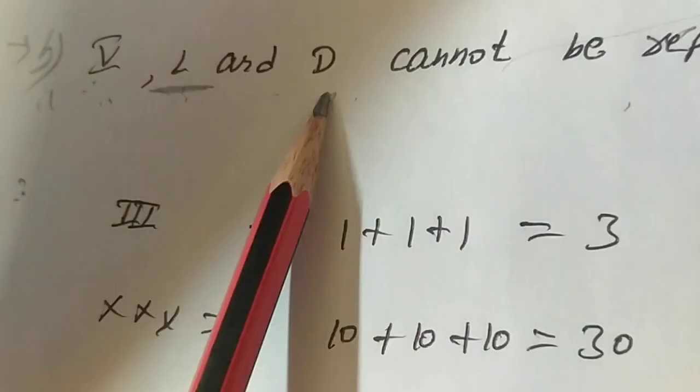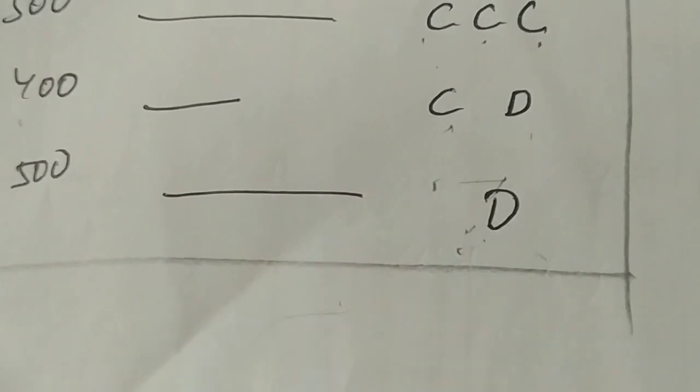L is 50. And here I have given D. D is 500. You can say 500 as a D. The English letter D, you know, D is for dog, but D is for 500 also. D denotes 500.